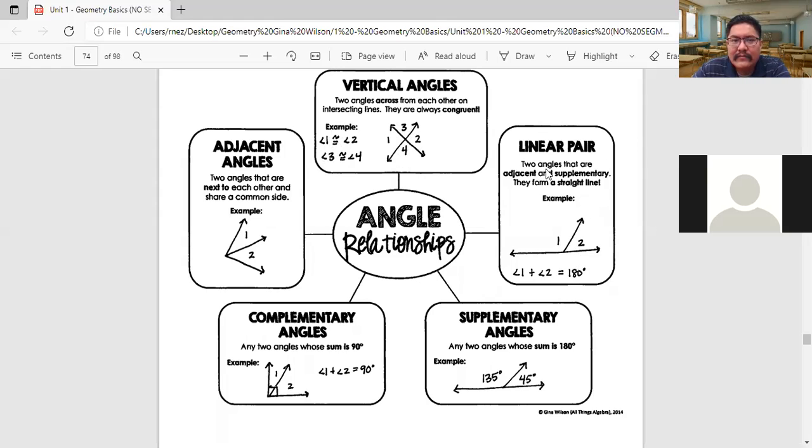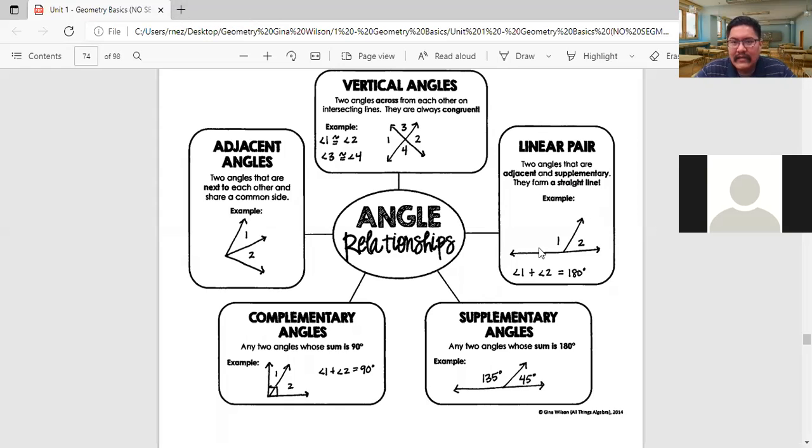Linear pair. I'm just going to go around clockwise. A linear pair is two angles that are adjacent, and remember, adjacent means next to each other, and supplementary. Supplementary means adds up to 180 degrees. On the first day I looked up supplementary, and I don't remember exactly what the definition was, something like completes something.